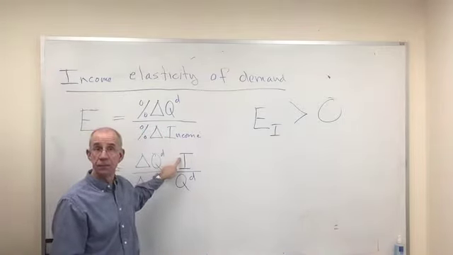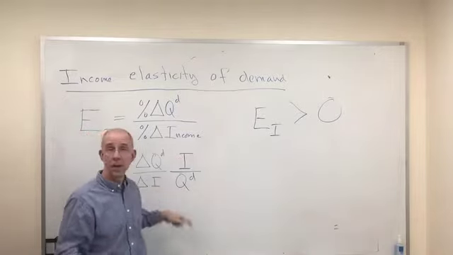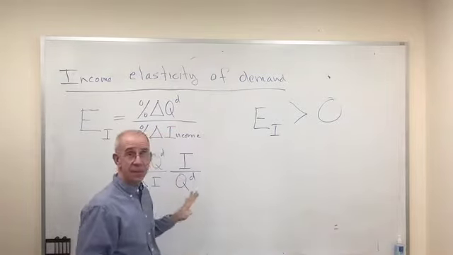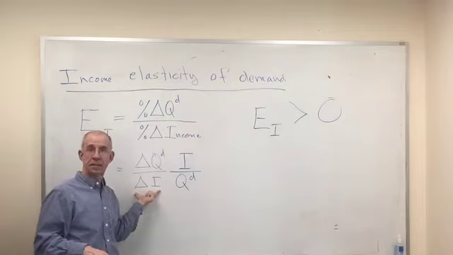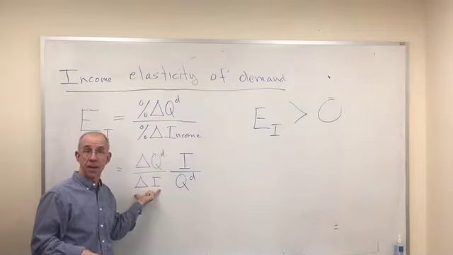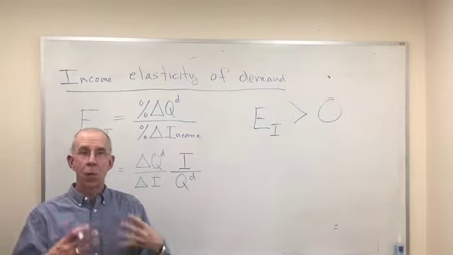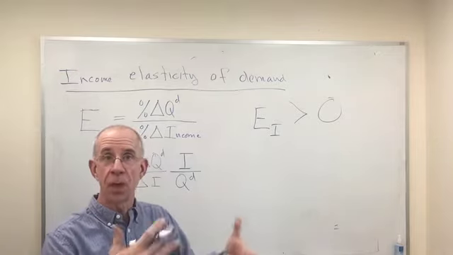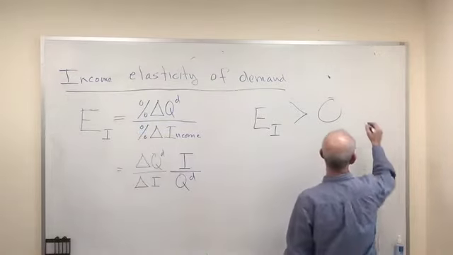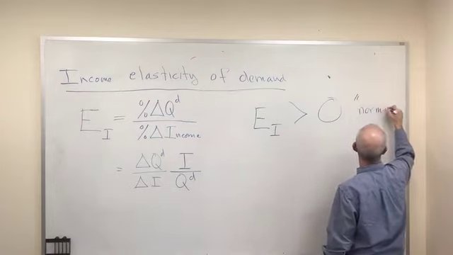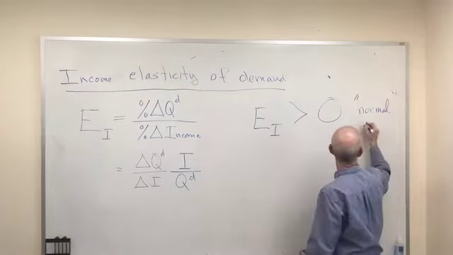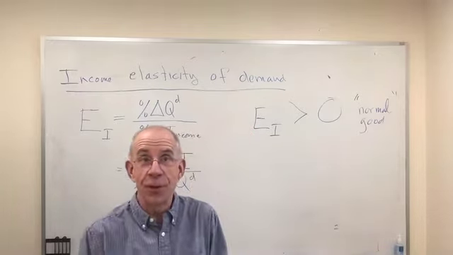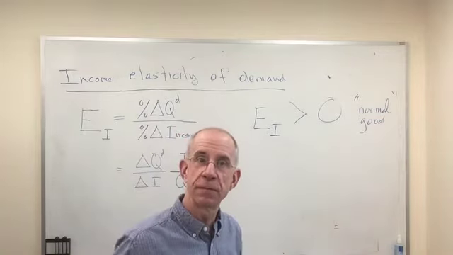Income is positive by definition. Quantity demanded is positive. What would determine whether or not this expression is positive is whether this aspect is positive or negative. If the quantity demanded for a product goes up when your income goes up, that's what economists will call a normal good. It's your standard good. You get more income, you want to buy more of it. Okay, that's fine.